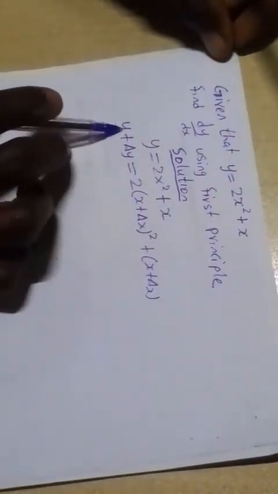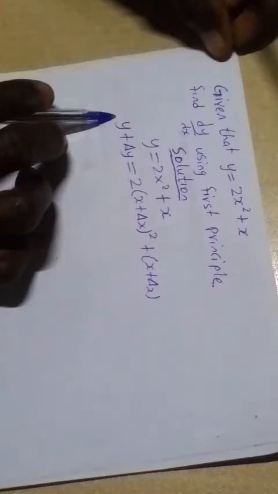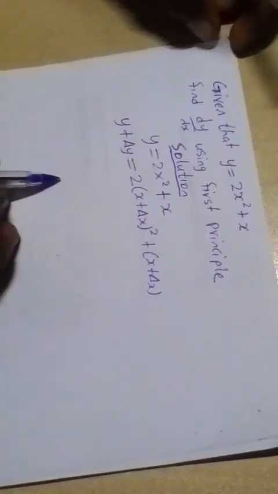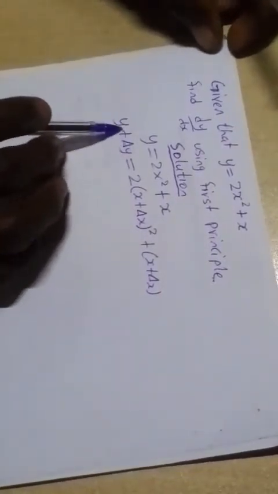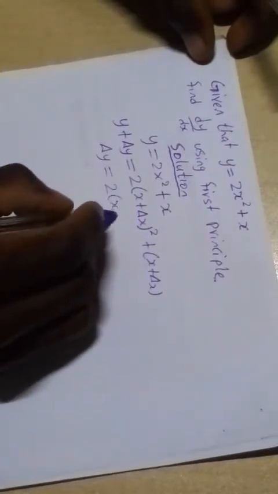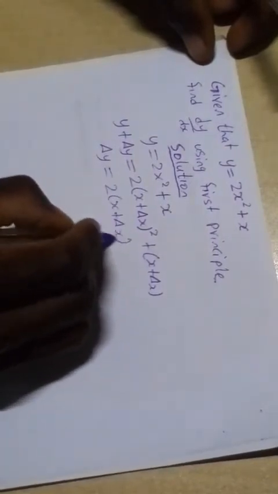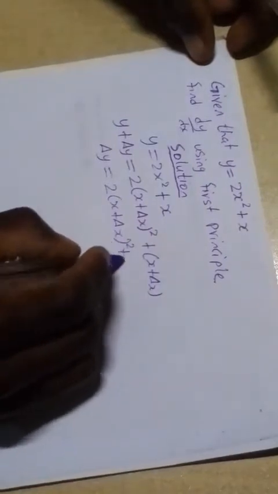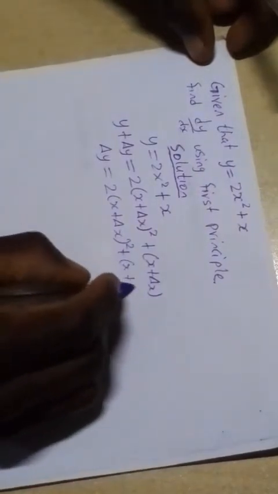Now let us make change in y the subject of the formula. For us to do that, we must take y to the right hand side, so that we have change in y equal to 2 into x plus change in x squared plus x plus change in x minus y. Now, let us open this bracket using binomial expansion.